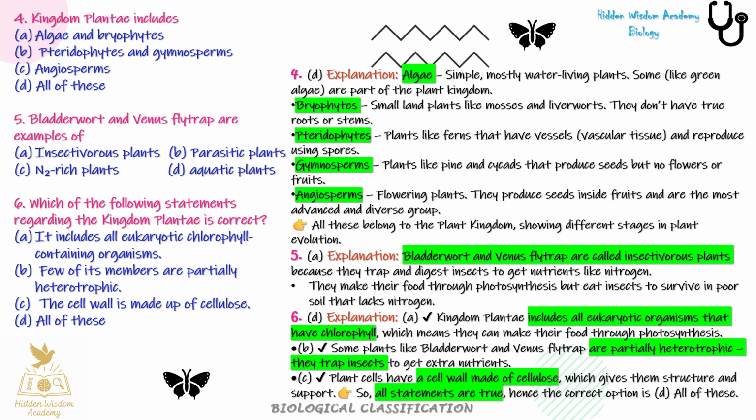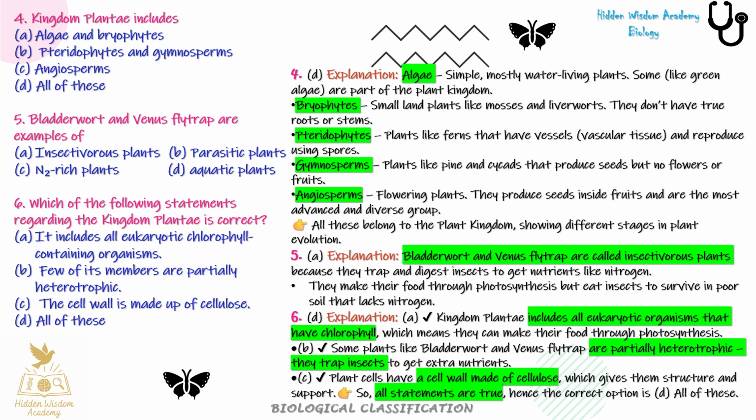Gymnosperms. Plants like pine and cycads that produce seeds but no flowers or fruits. Angiosperms. Flowering plants. They produce seeds inside fruits and are the most advanced and diverse group. All these belong to the plant kingdom, showing different stages in plant evolution. So, option D is the correct answer.